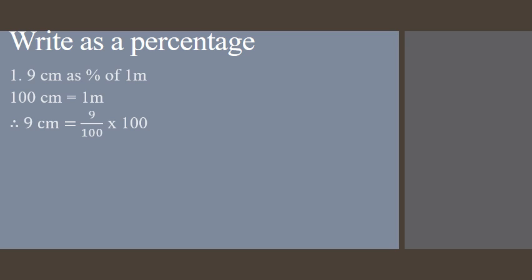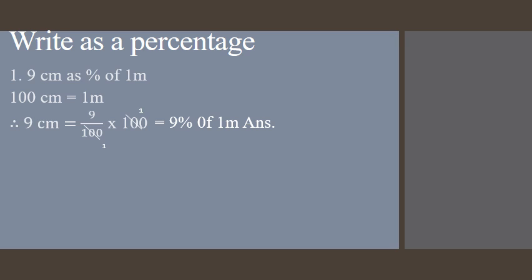So 9 upon 100 multiply by 100. Now children, 100 in the numerator and 100 in the denominator can be divided by the common number 100. So 100 divided by 100 in the numerator is equal to 1 and 100 divided by 100 in the denominator is equal to 1. Okay, so our answer is 9% of 1 meter. That is 9 centimeter is equal to 9% of 1 meter.